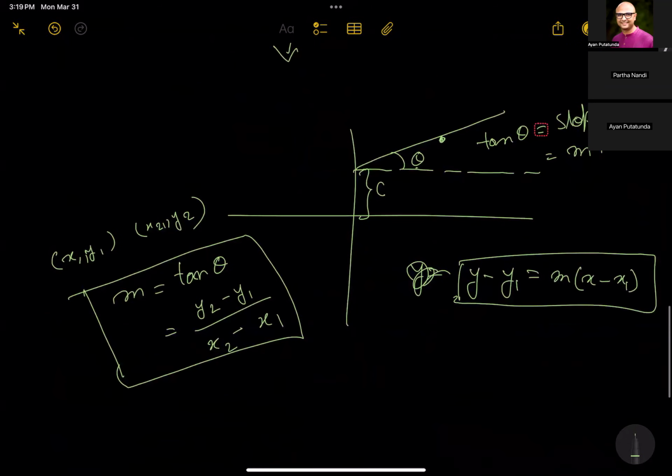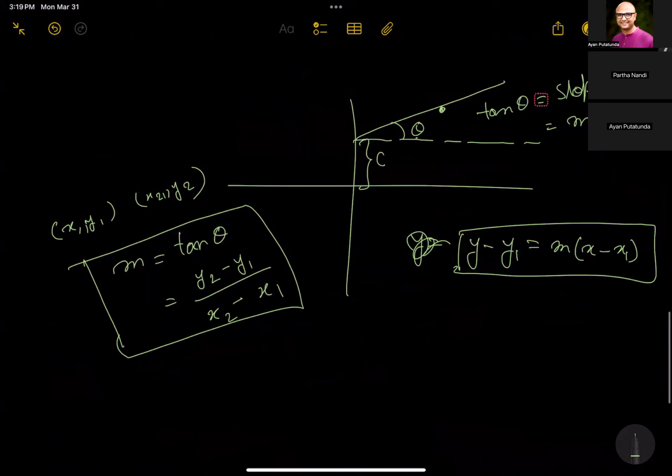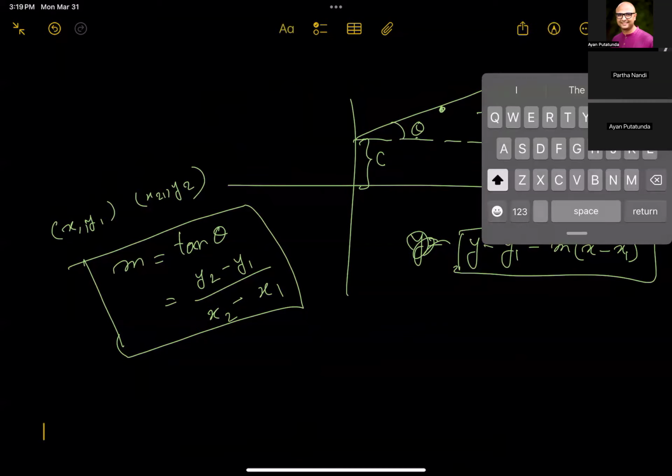I understood tan theta equals sin theta by cos theta. But if I try to understand it in the picture, which one is tan theta? And tan theta is the slope, right? Slope means exactly what?